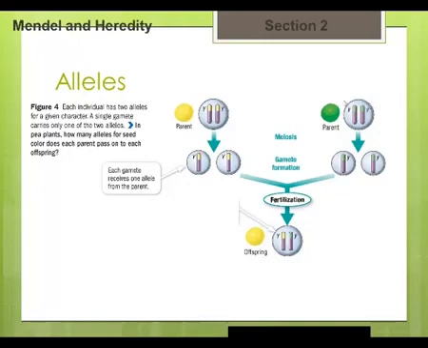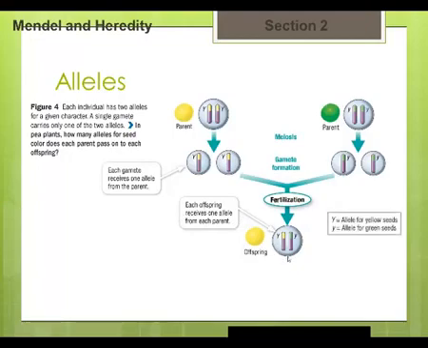This parent only had the green allele to give, so it can only give a green allele. When fertilization occurs, the combination requires the offspring to have a yellow allele and a green allele. And in this case, the yellow allele is dominant over the green allele, so the expressed trait is yellow. So the offspring received one allele from each parent. Uppercase Y equals yellow seeds. Lowercase y equals green seeds.